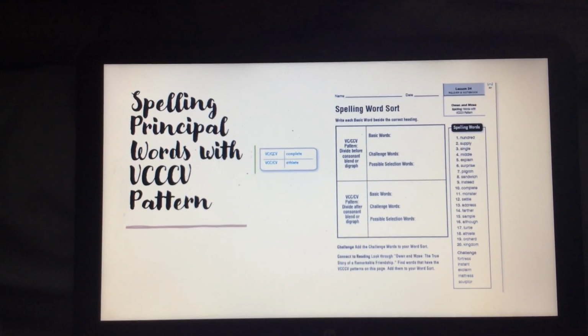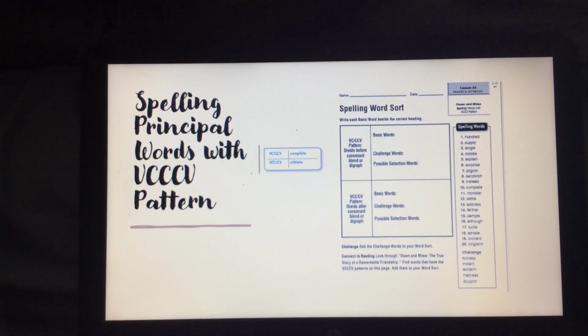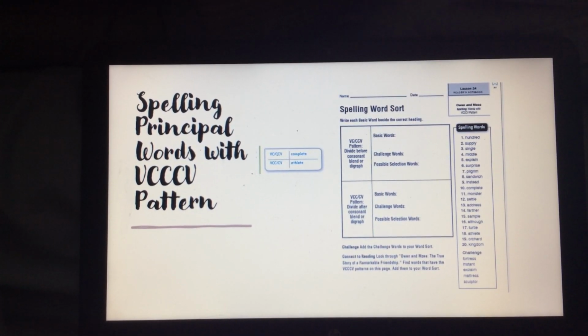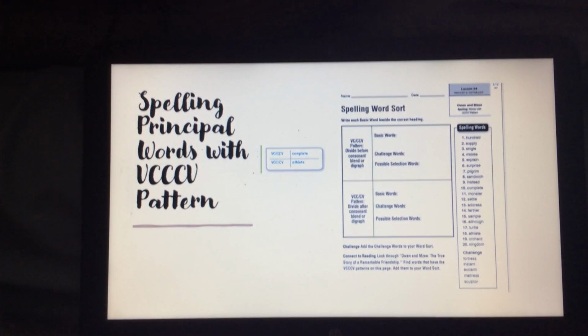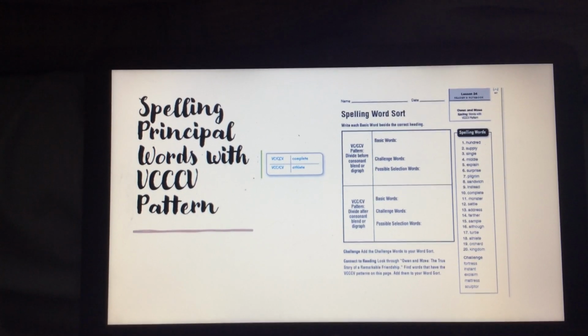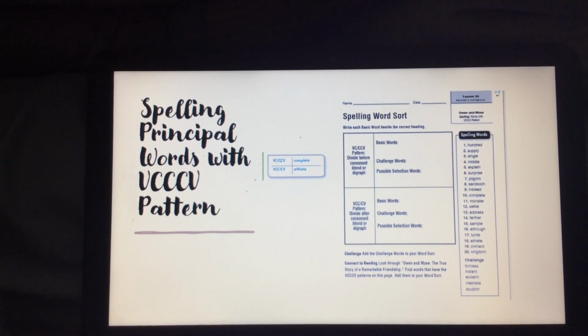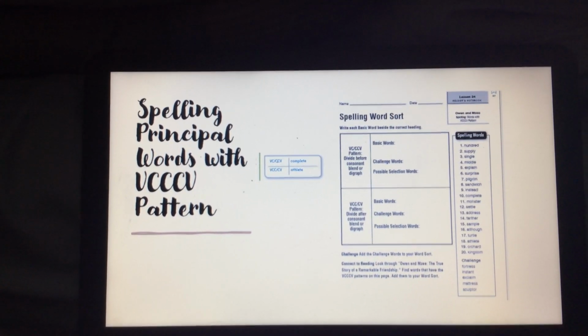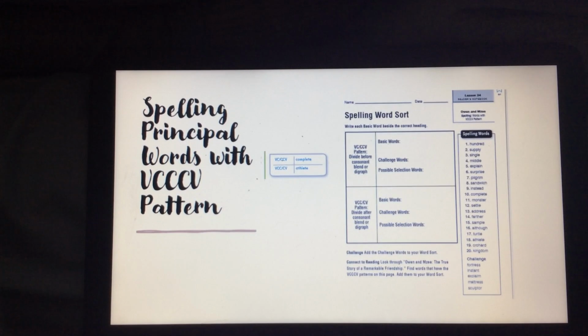I want you to get a sheet of paper and write VC/CCV, and for your example there, I want you to write the word complete, because if we see there it has the VCCCV pattern, we would put the slash in between the M and the P there.